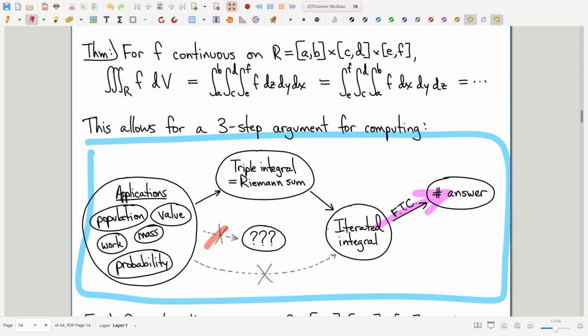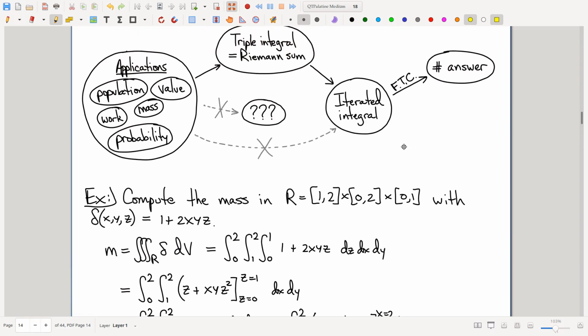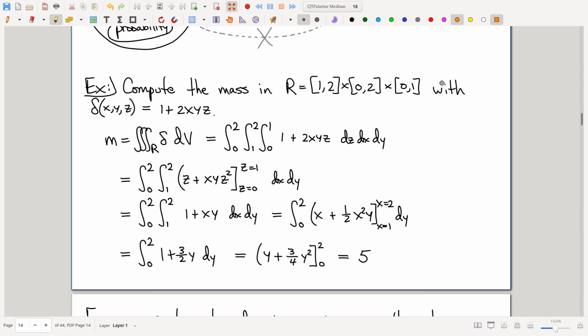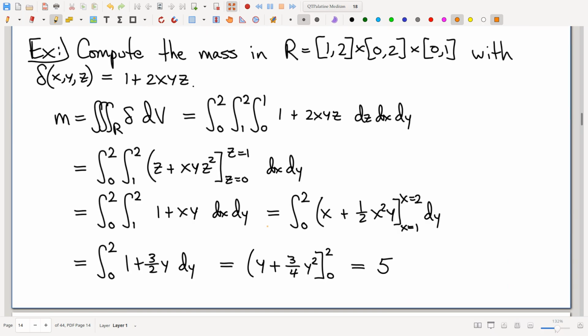Okay. Let me erase this. All right, so just to be explicit, and I'm mostly going to let y'all read the following: how do we use the fundamental theorem to crank out a triple iterated integral? Well, it's just like with a double integral, just more so. So again, if you want to compute the whole as the sum of the parts for mass, we already motivated that this is how you would compute mass over a three-dimensional region.